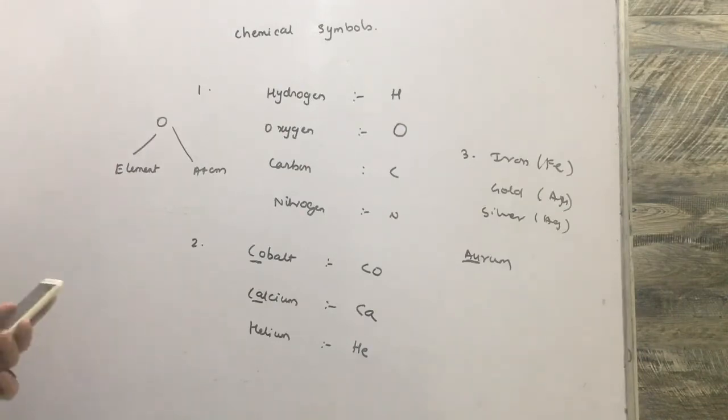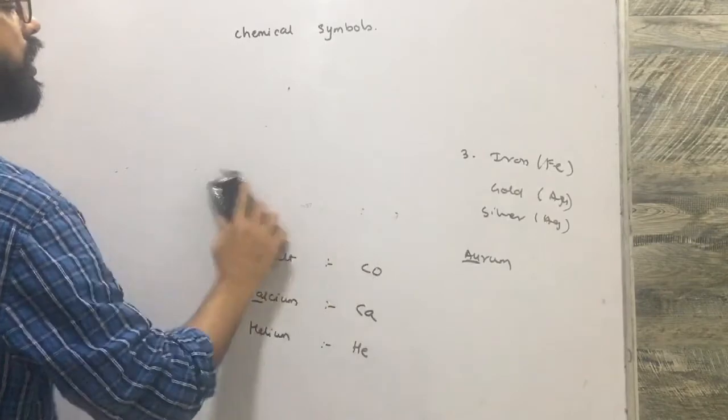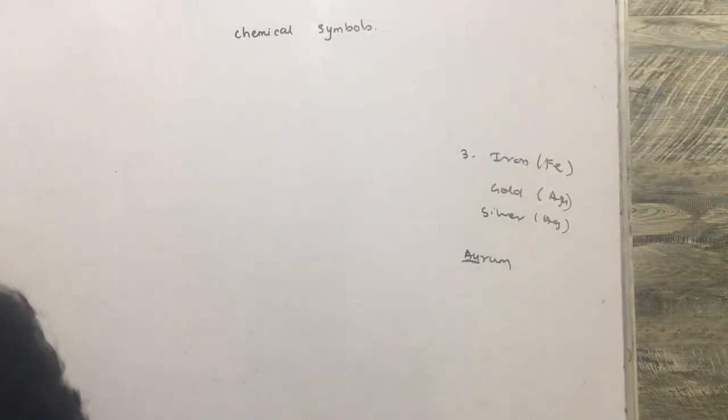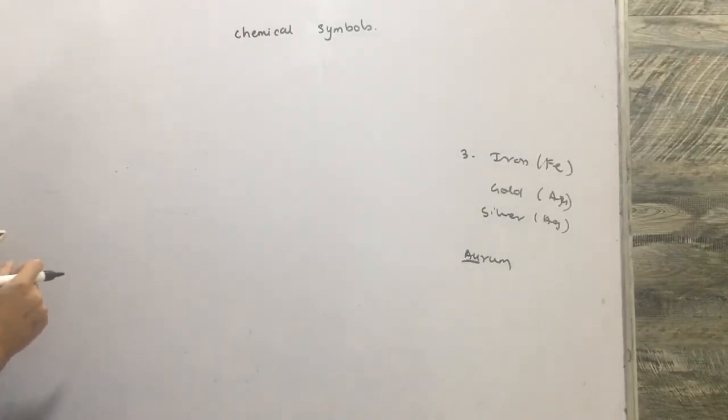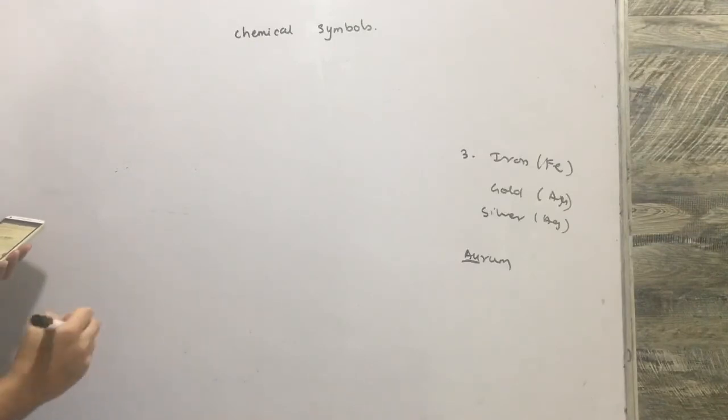Now next we will see what atomicity is. Atoms of many elements cannot exist independently. The number of atoms present in one molecule of an element is known as its atomicity.